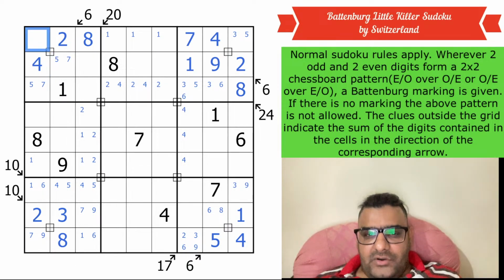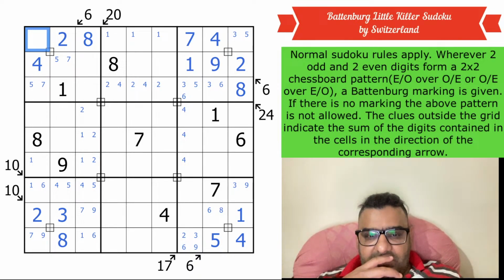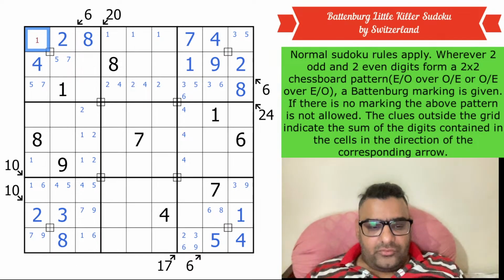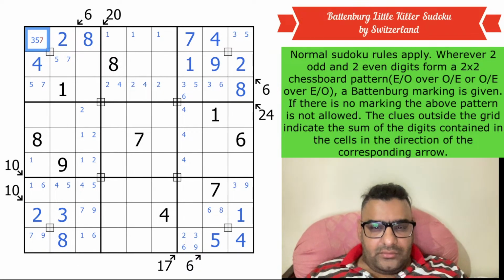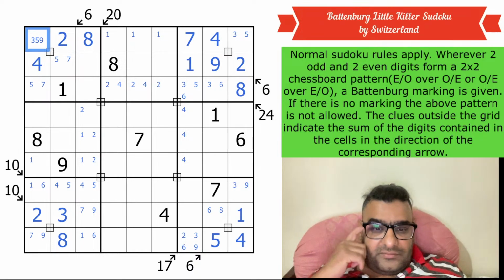Okay, what can I put here that is even? Can I put a 3? Yes, I can put 1. I cannot. I can put 3. What about 5? I can put 5. What about 7? I cannot put a 7. Can I put a 9? Yes.